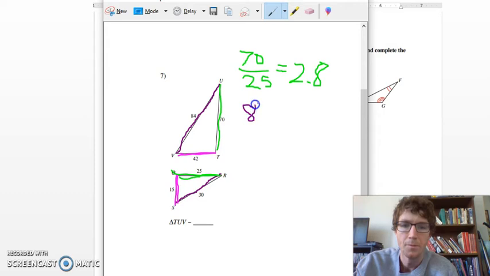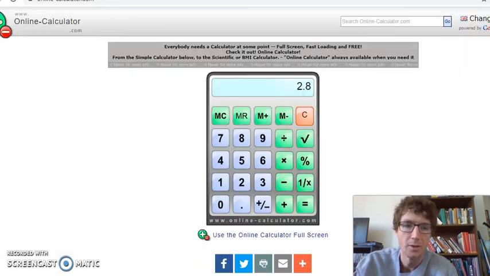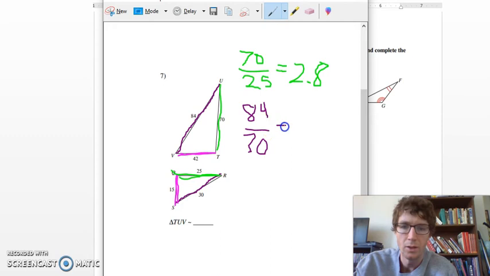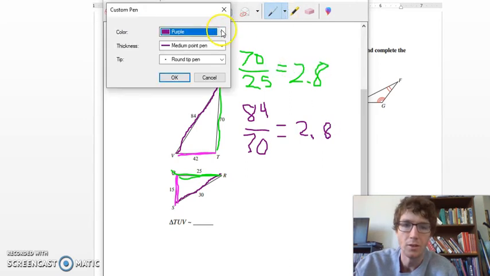84 divided by 30. So what's 84 divided by 30? 2.8. Okay, so this is looking pretty good. We just have to check the pink one to make sure that we're absolutely certain that these triangles are similar.